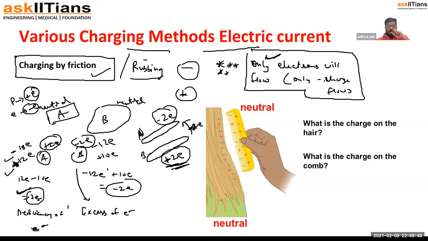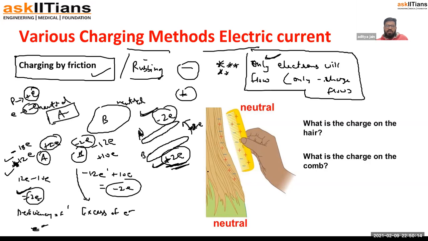So what is the conclusion here in friction? Whenever charging by friction or charging by rubbing takes place, there is transfer of electrons from one body to another. The body from which electrons are transferred will have a positive charge. The body to which electrons are transferred will have a negative charge. One thing you can observe there is that magnitude of charges are equal, plus 2 and minus 2.